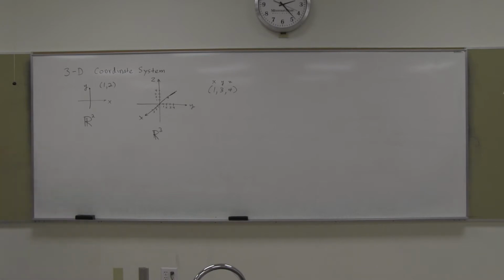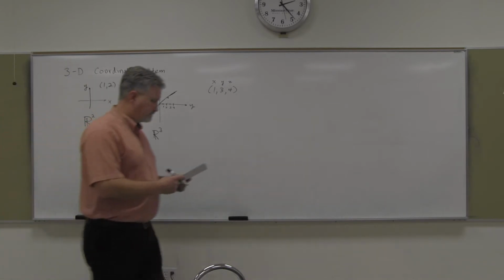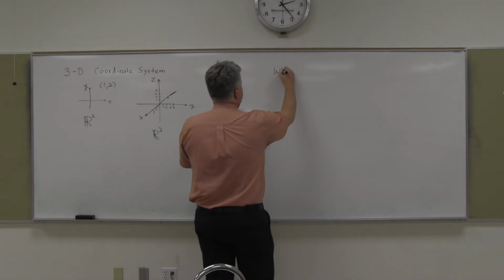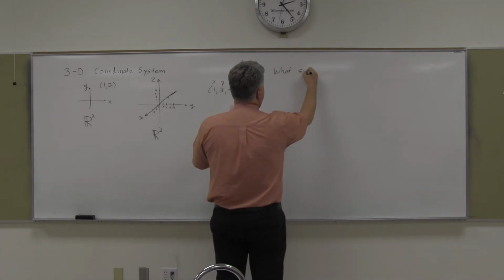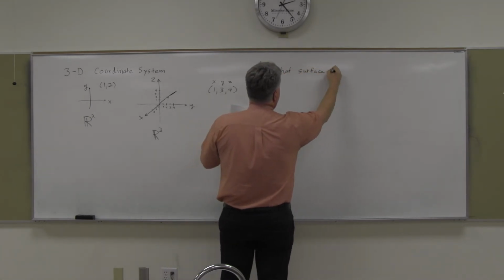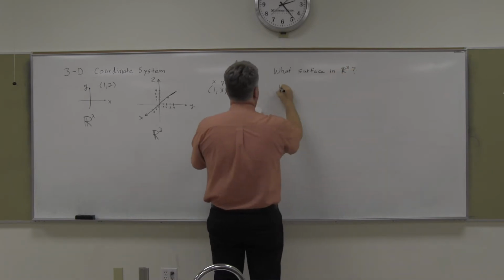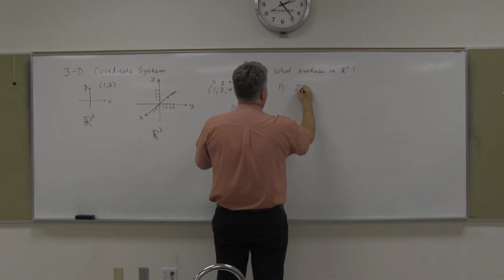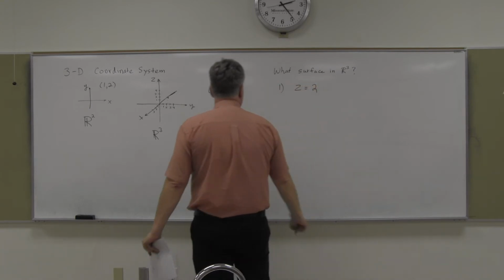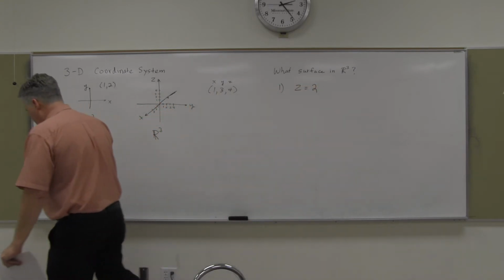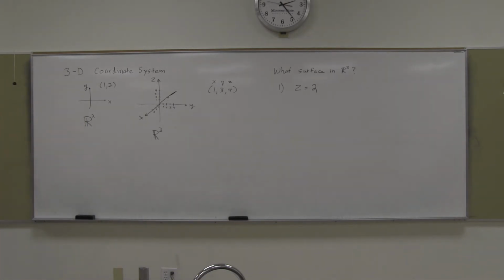Now, one thing to be able to do is recognize what certain things are in 3-dimensional space, in R3, R cubed. So let's see if we can identify what the surface in R cubed is here. Number 1. What surface would it be if I said z equals 2?